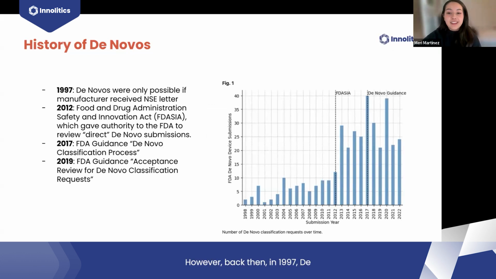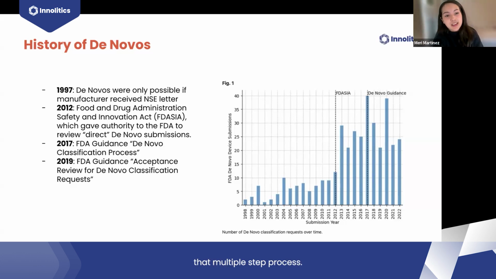However, back then, de novos were only possible if the manufacturer received a non-substantial equivalence letter. This means that they still had to go through the 510(k) pathway in order to follow a subsequent de novo pathway.